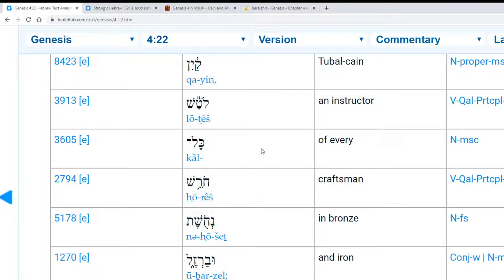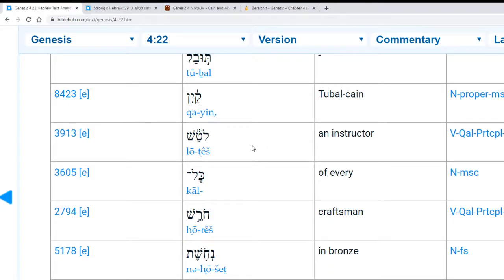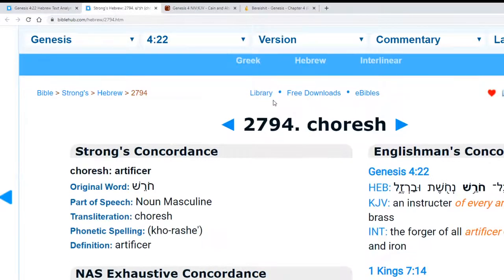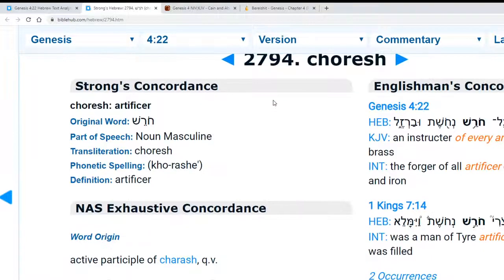So I don't know why they're calling it instructor, but lotesh, right? Sharpener. Kol, every. Horesh. So they're saying craftsman. Harisha, I believe, means to plow. Let's look in the concordance. They're saying artificer.